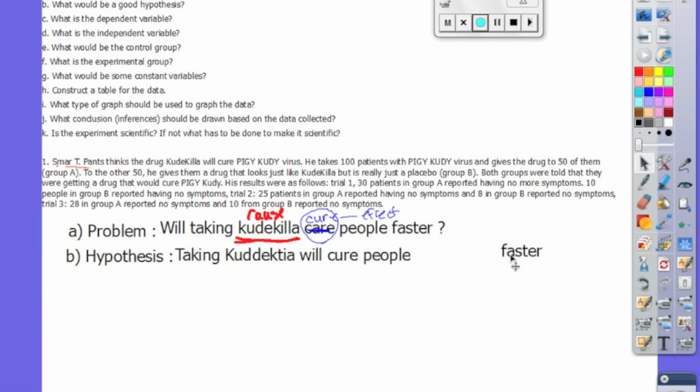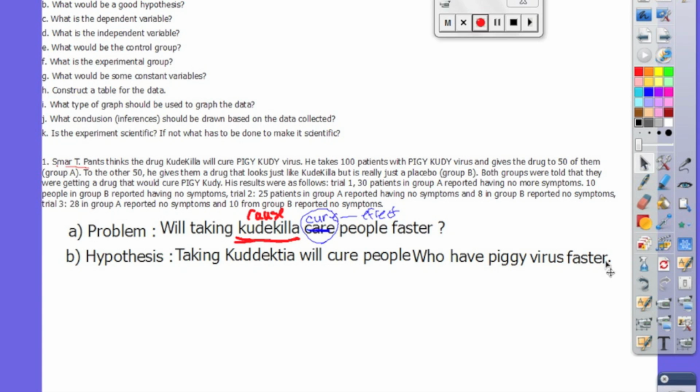Will cure people who have kidney virus faster. And then this one here goes right there.